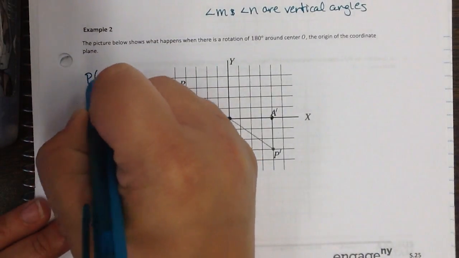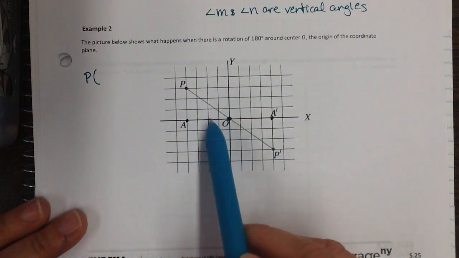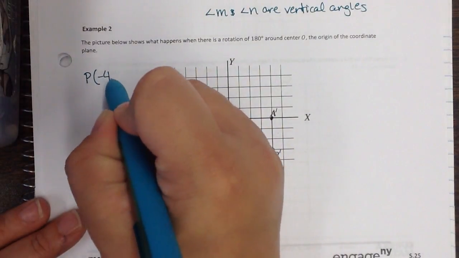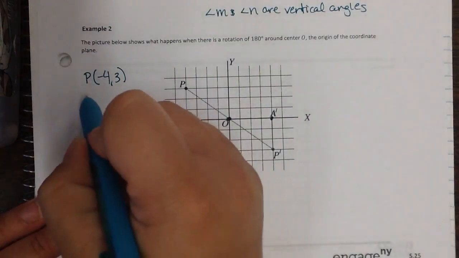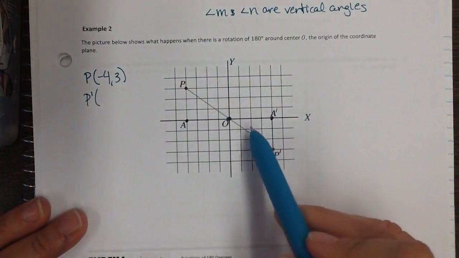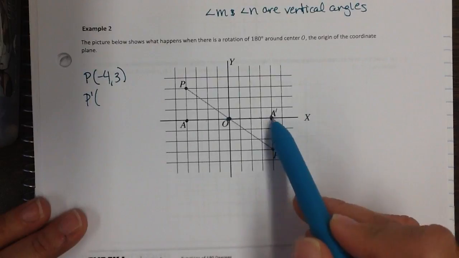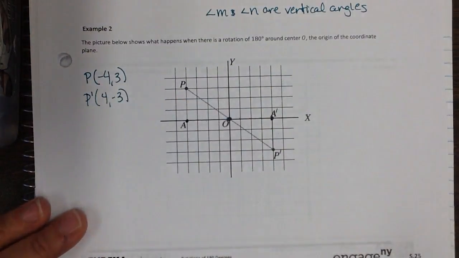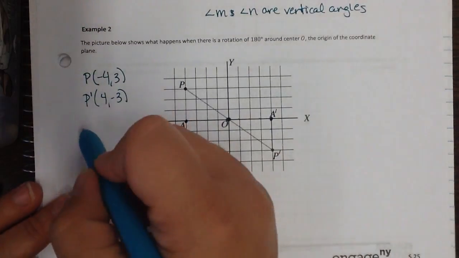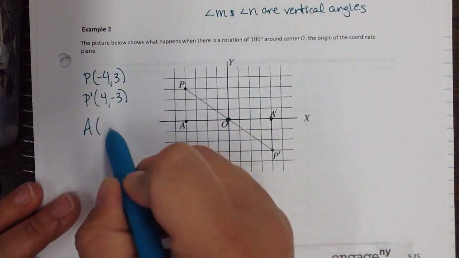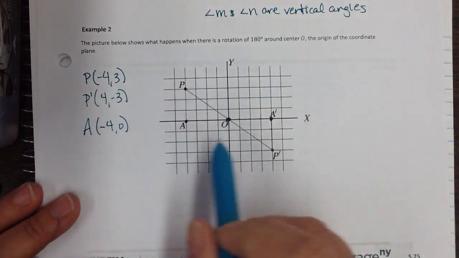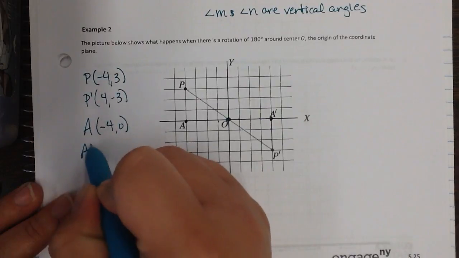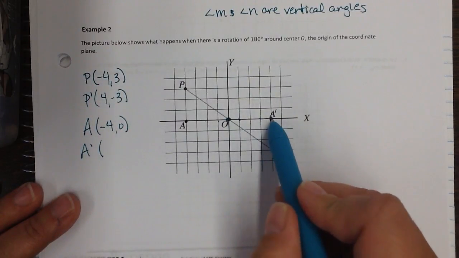P was at negative 4, 3, and P prime is at 4, negative 3. Let's look at A and A prime as well. A is at negative 4, 0, and A prime is at 4, 0.